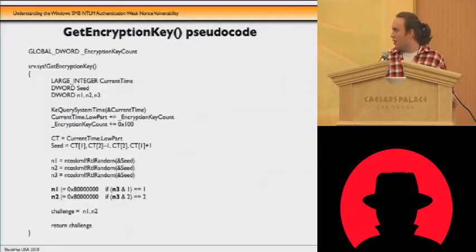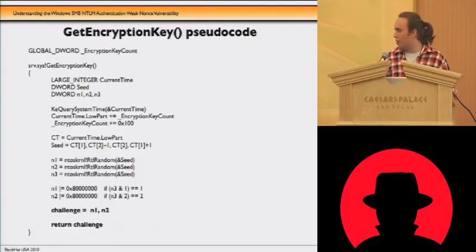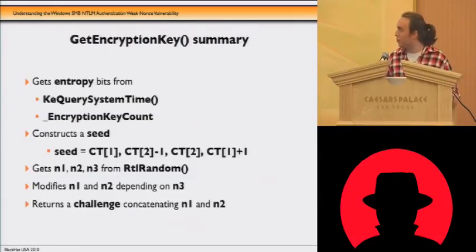With the 3 numbers returned by RtlRandom, based on the third one, we'll modify the first and the second number, and we'll concatenate the results and return a challenge. That will be the challenge. So we know that the getEncryptionKey function gets entropy from the current system time and also from the counter. We'll create that seed, call RtlRandom, and return a challenge.